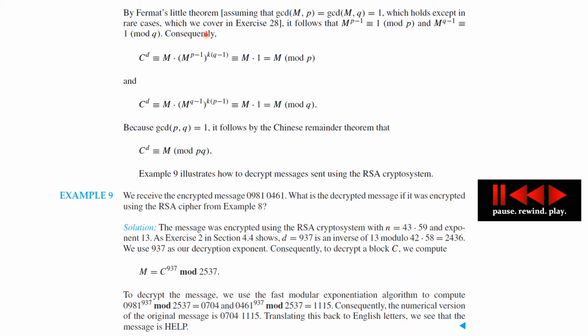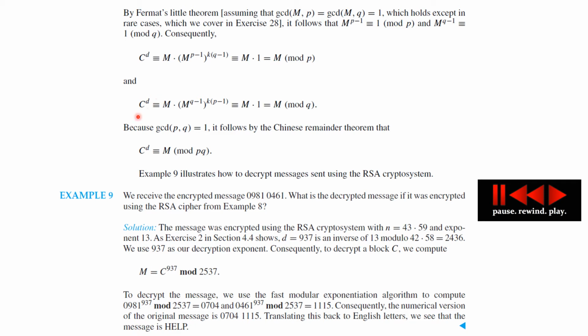So, by Fermat's little theorem, we know that m to the (p-1) times k(q-1) is the same thing as 1, and that is m mod p. So when I have d, I just apply that exponent and it gives me this.